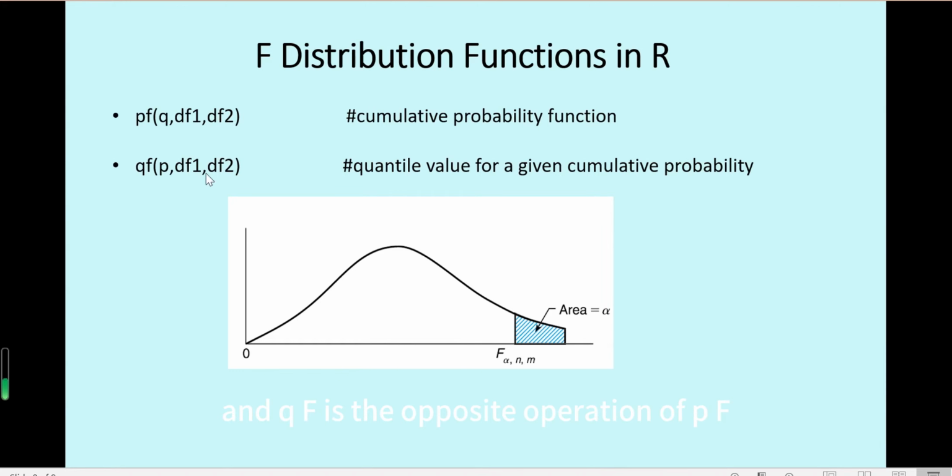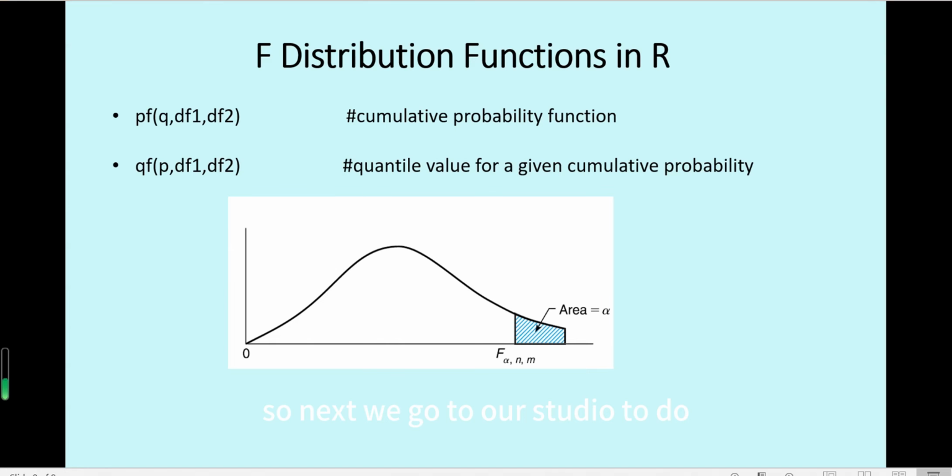And qf is the opposite operation of pf. It is used to find the quantile value from a given cumulative probability. So say we know this cumulative probability is 0.95, then we set 0.95 here and 11, 9 degrees of freedom. qf of these parameters will get 3.11.